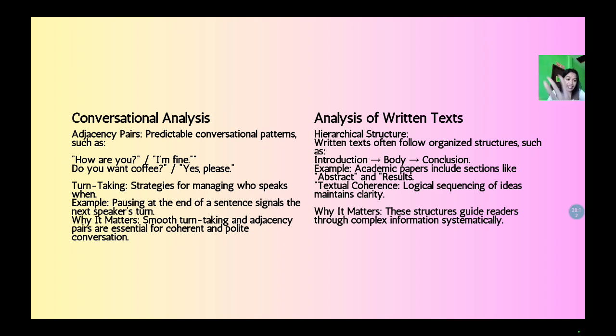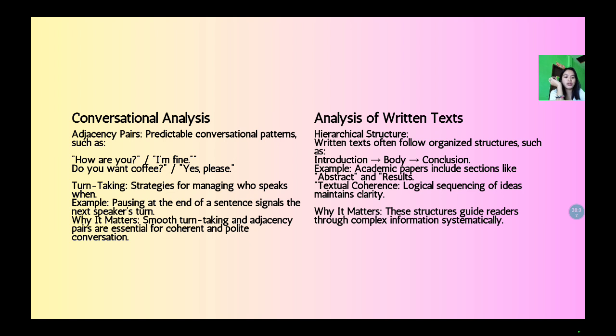Analysis of written text. Hierarchical structures. Written texts often follow organized structures such as the introduction, the body, and the conclusion. Example, academic papers include sections like abstract and results. So that's an example of hierarchical structure.